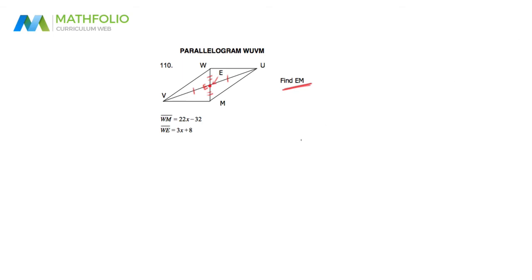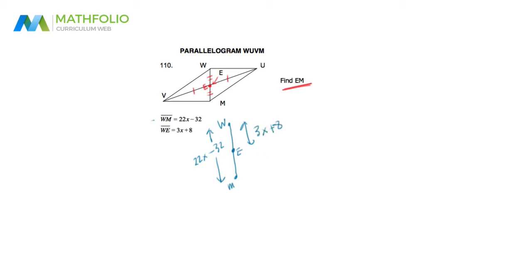So in this case, we're given WM, which is this entire thing. W is right here to M, which is right here, and that's 22x minus 32. E lives right in the middle, and we're told W to E right here, which is different to this other dimension, WE equals 3x plus 8.